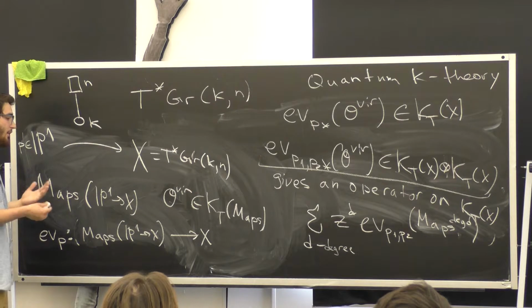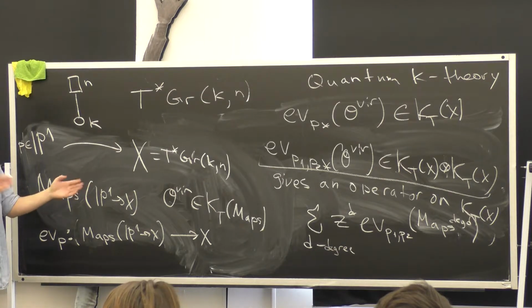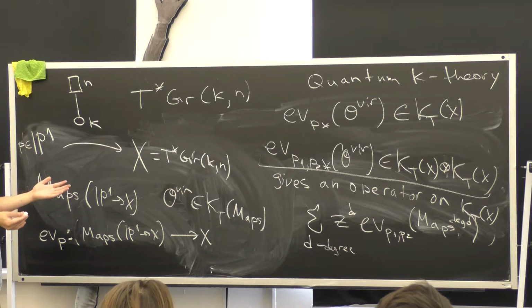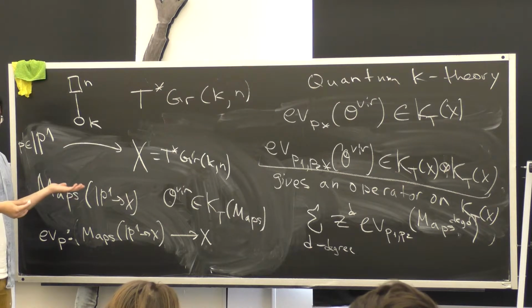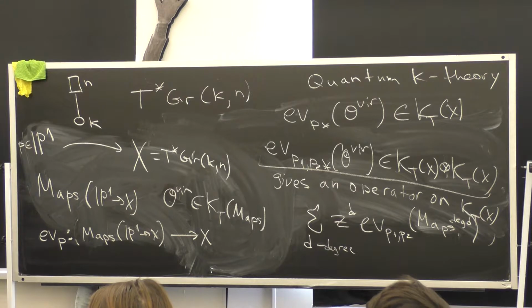And a whole other issue is that maps, I didn't say if there are any conditions on this, but they can break in so many ways, and people have spent many years thinking about this. And for most of the time, Gromov-Witten invariants were the way to think about this. But this is not what we're doing here. We're going to do quasimaps.